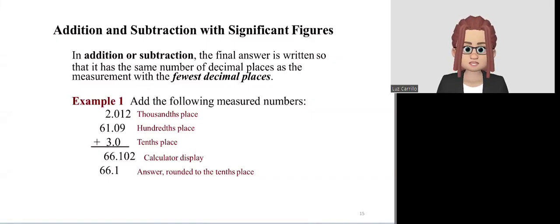In this video, we are going to finish up the concepts of Chapter 2, Part 1 by looking at mathematical operations and significant figures. At times, we're going to be doing measurements in the laboratory in which we need to do mathematical operations that include addition and subtraction and multiplication and division.